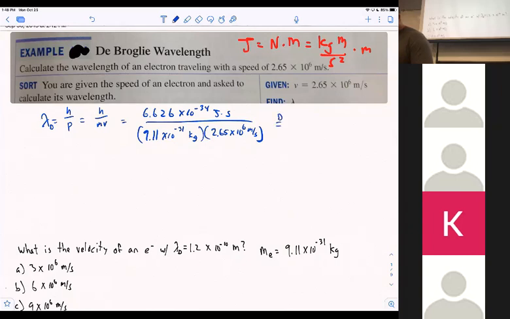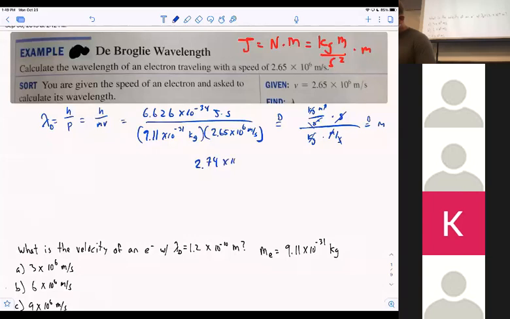So dimensionally, kilogram meter squared per second squared times second, divided by kilogram times meters per second. One second cancels, the inverse seconds cancel, kilograms cancel, and we're left with meters as the units.